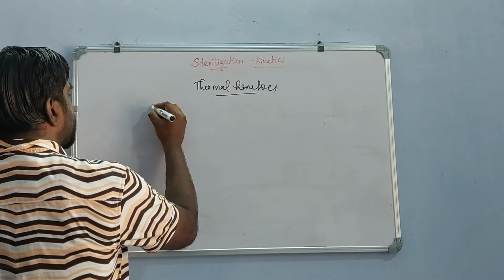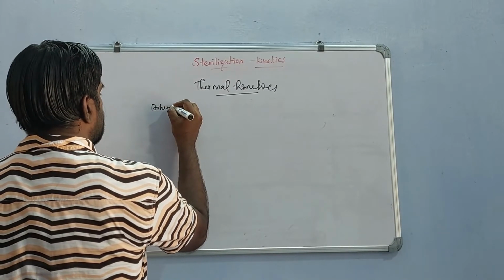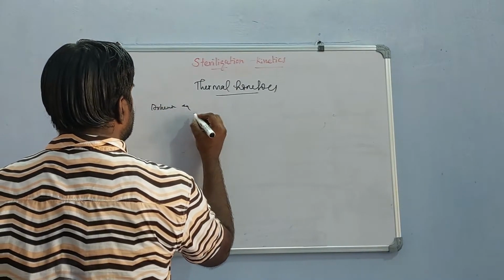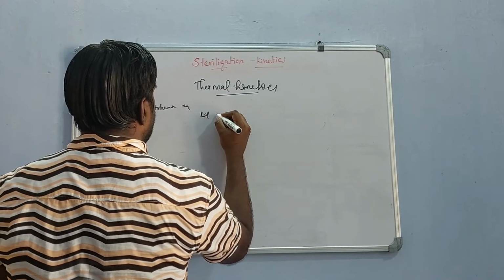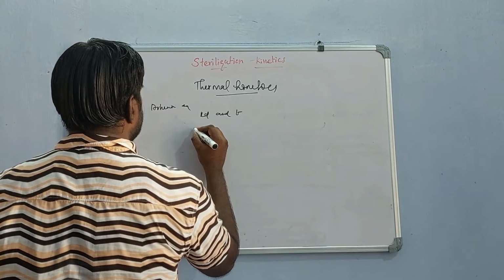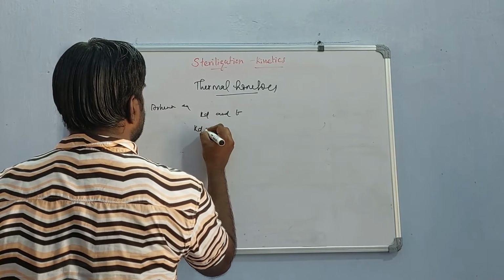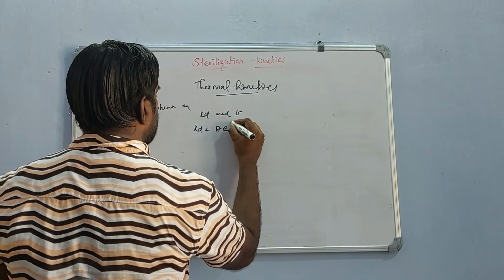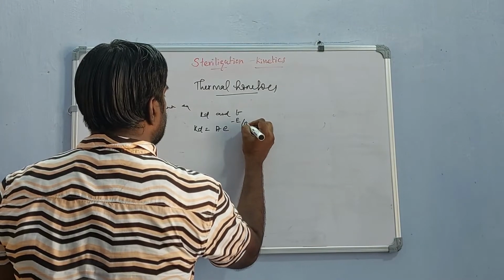From the Arrhenius equation, the rate constant Kd and temperature can be related as Kd is equal to A e power minus E by RT.